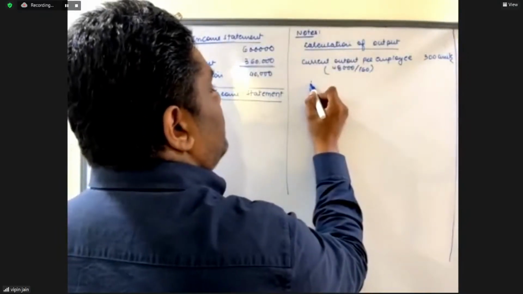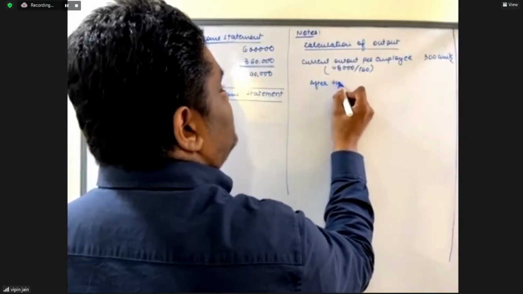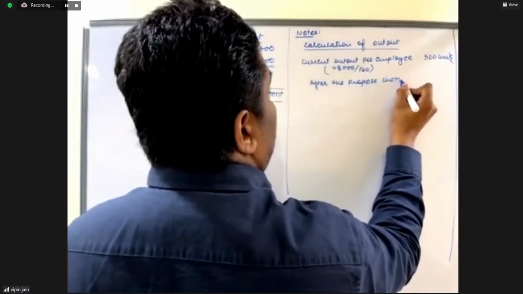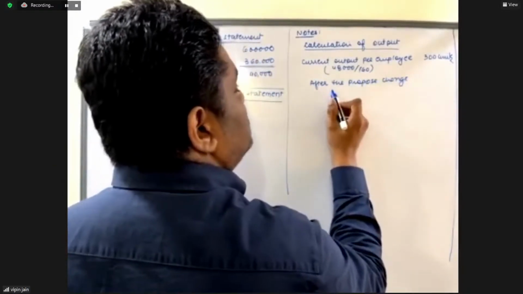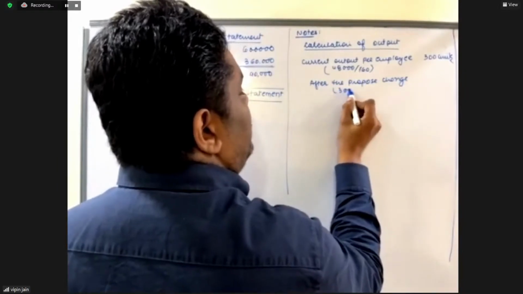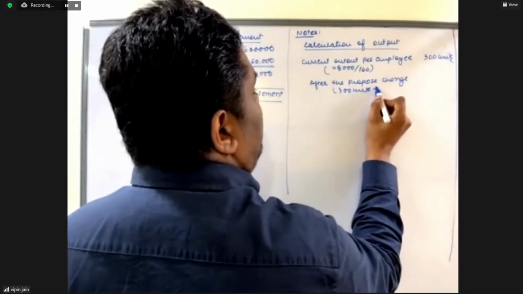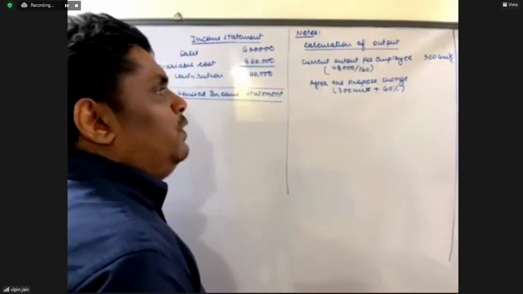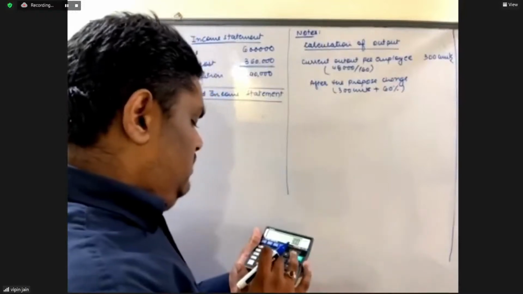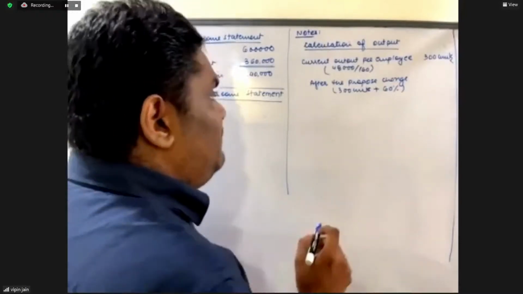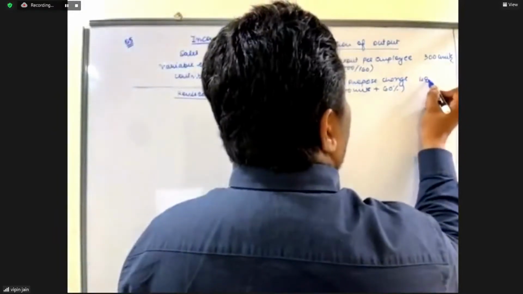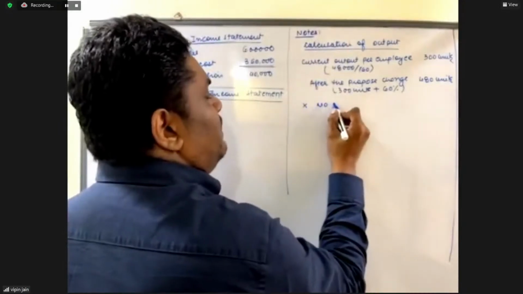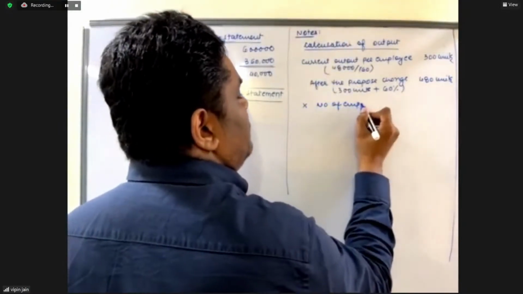Now after the proposed change, the output will be how much? Very simple, guys. 300 units plus 60%, there is an increase in productivity. So the output per employee will be 300 plus 60%, so 480 units per employee, into the number of employees. The number of employees will now be 120.